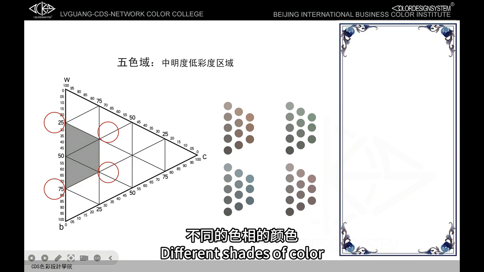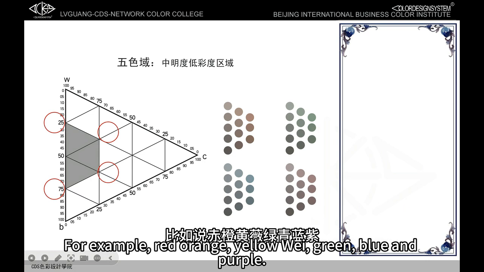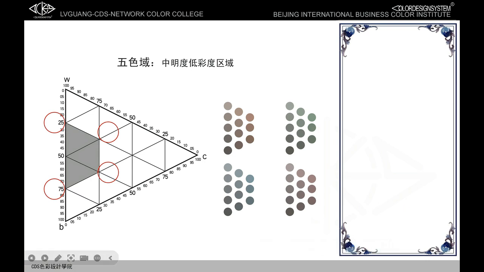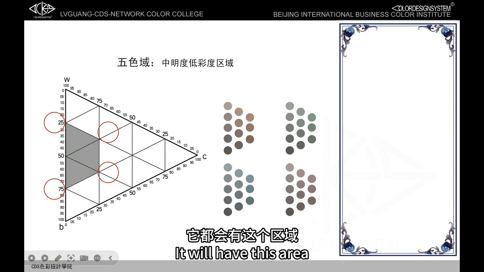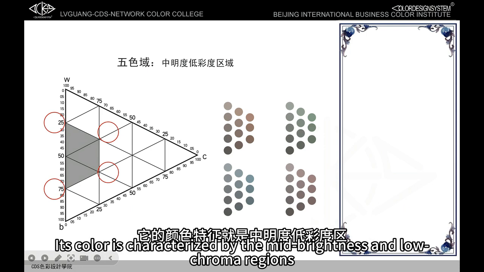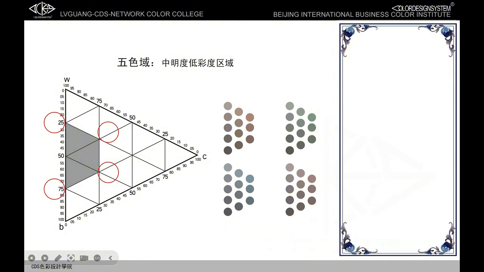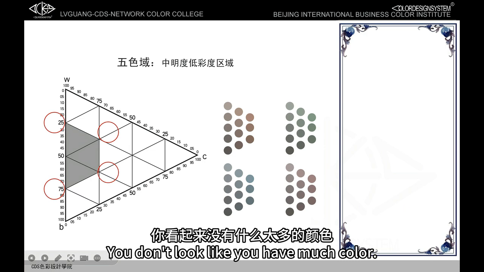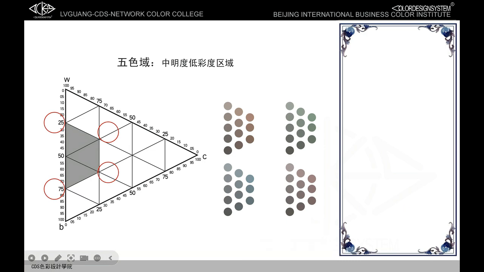Different shades of color, for example red, orange, yellow, green, blue, and purple, will have this area. And in this area, its color is characterized by the mid-brightness and low chroma regions. You don't look like you have much color, but it's very low chroma.